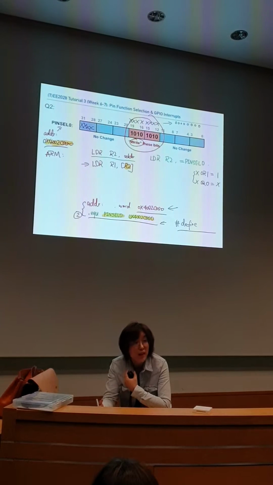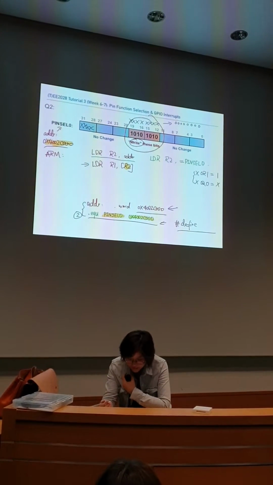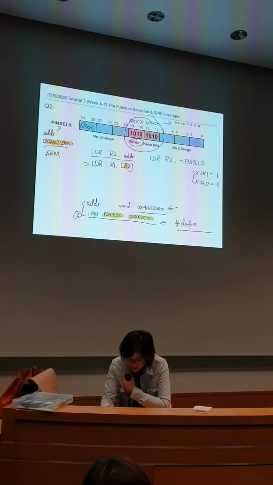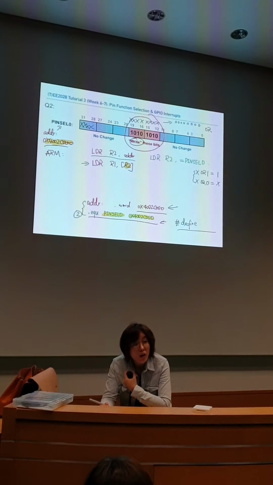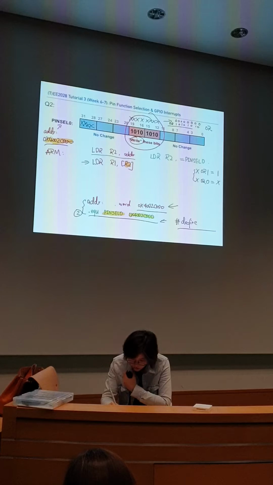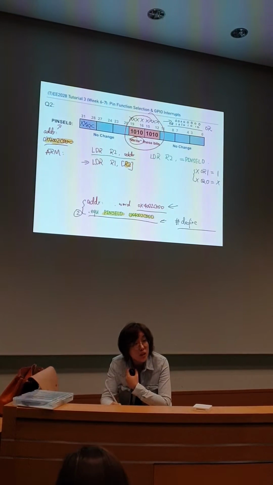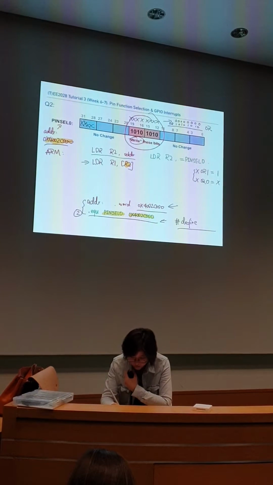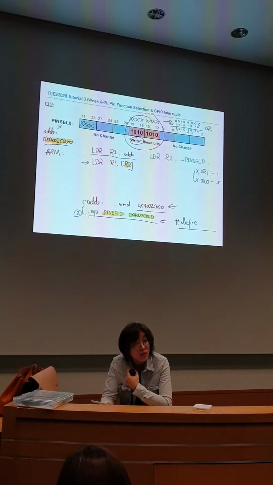And then I can OR with the pattern I want, for example, 1, 0, 1, 0, 1, 0, 1, 0. If you OR these 2, you can see that your result will be the pattern you want. Right? 0 OR 1, you get 1. 0 OR 0, you get 0. So the result will be the pattern you want.